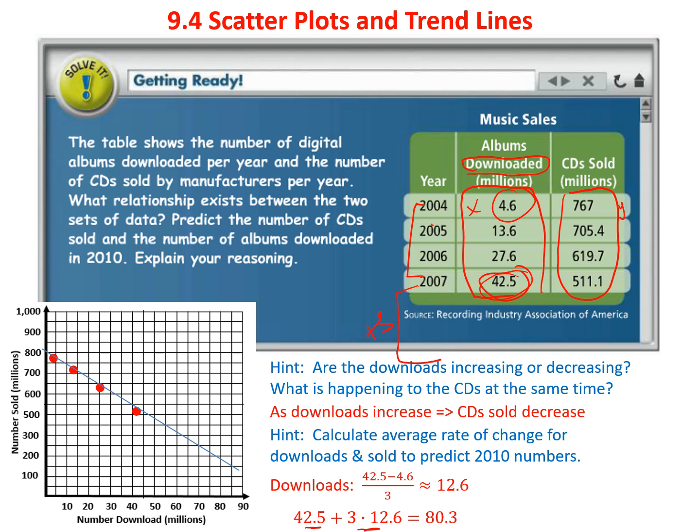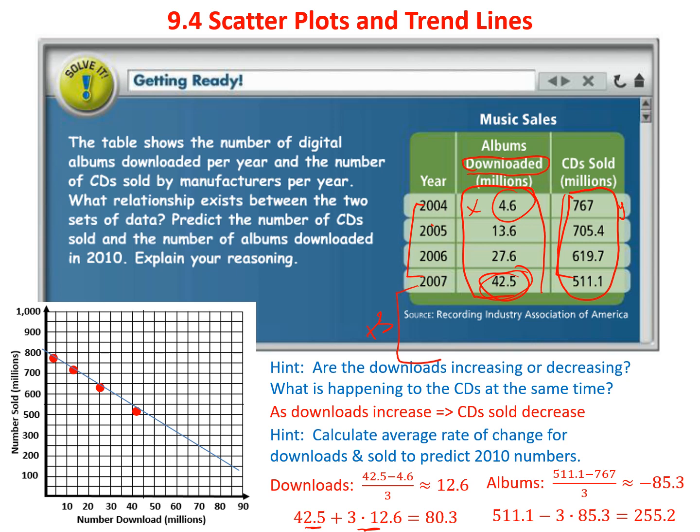Let's do the same thing with the CDs. Now they're going down. Okay, so in their case, if I take 511 and 671, notice that it went down. It's going down 85 million per year. Now we're at 511, okay?